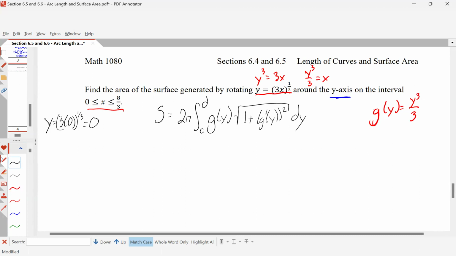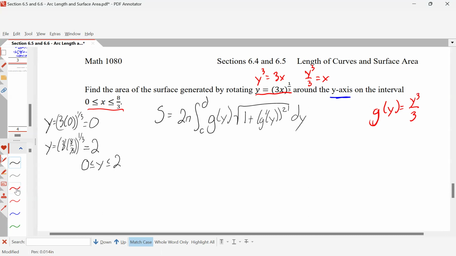So our lower bound is going to stay 0. And we have y equals 3 times 8/3 to the 1/3. 3 times 1/3 is just 1, so they cancel. We're looking at the cube root of 8, which is 2. So our new bounds are 0 less than or equal to y less than or equal to 2.